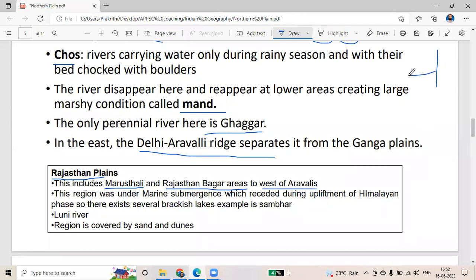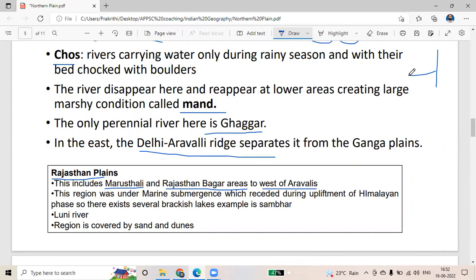We know that the Aravalli is mainly seen in the Rajasthan region, and this area will be on its western side. That area is Marusthali, a desert climate. So there is less water, but the deposition is made by wind.